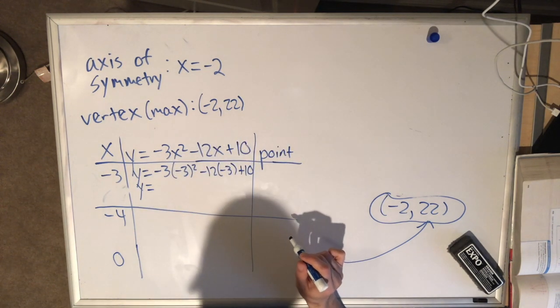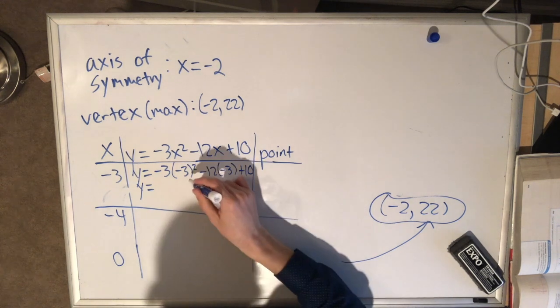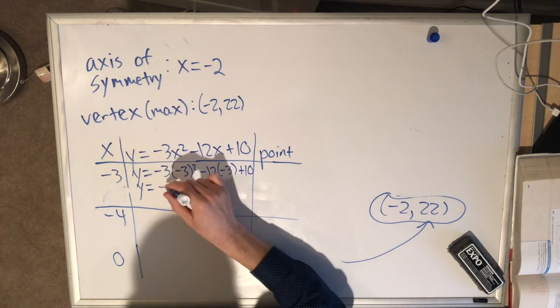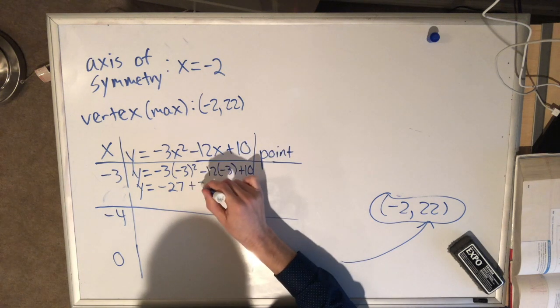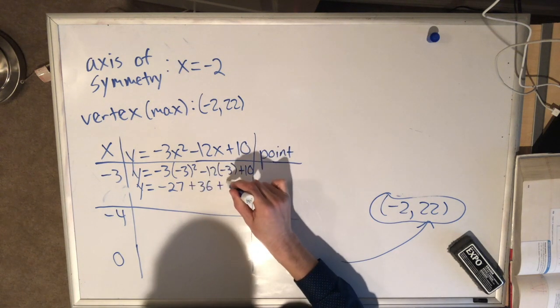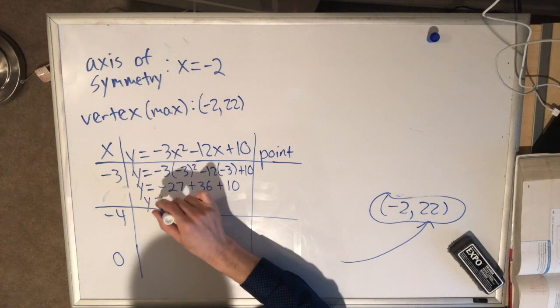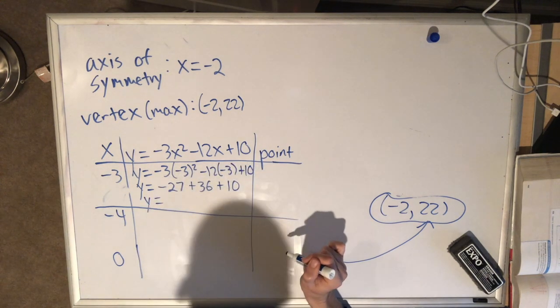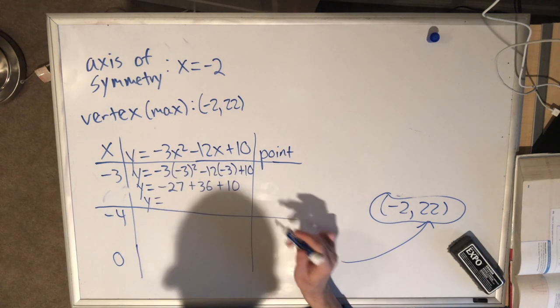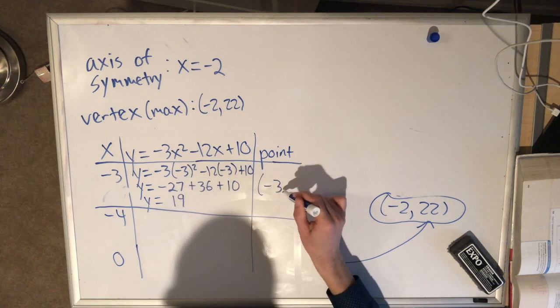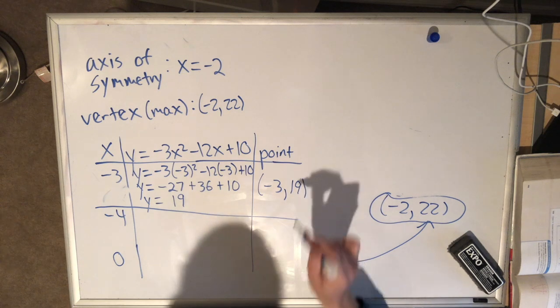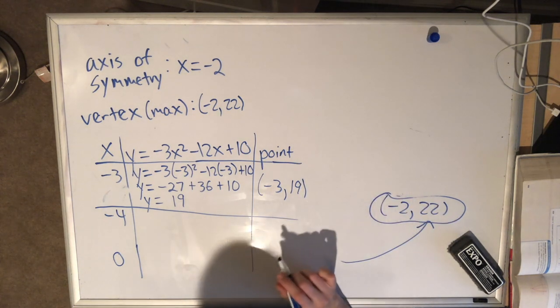Negative 3 squared, negative 3 times negative 3, is positive 9. Negative 3 times 9 is negative 27. Negative 12 times negative 3 is positive 36, plus 10. Negative 27 plus 36 is 9. 9 plus 10 is 19. So when x is negative 3, y is 19. So we have the point negative 3 comma 19 on the graph.